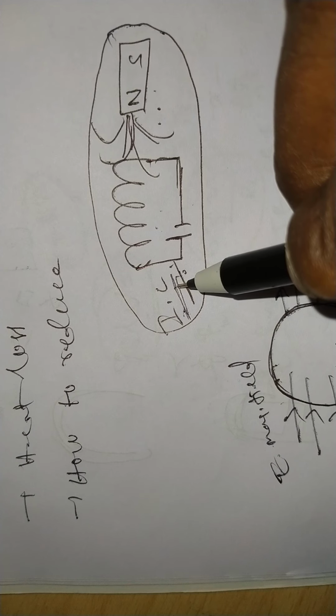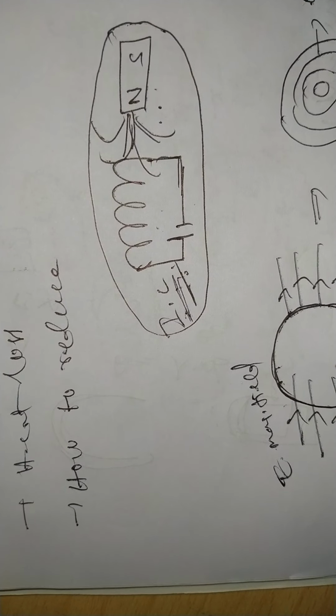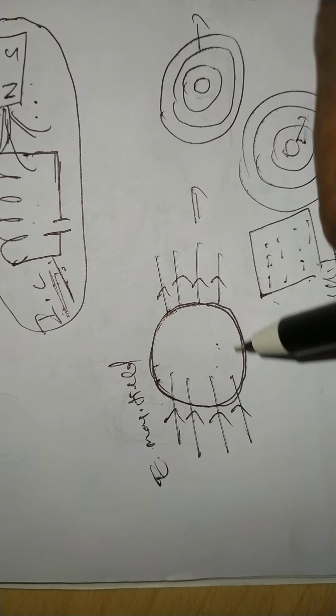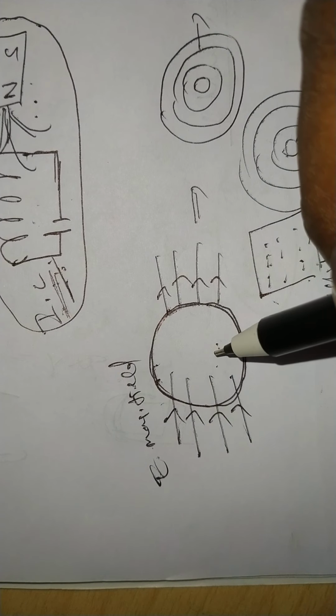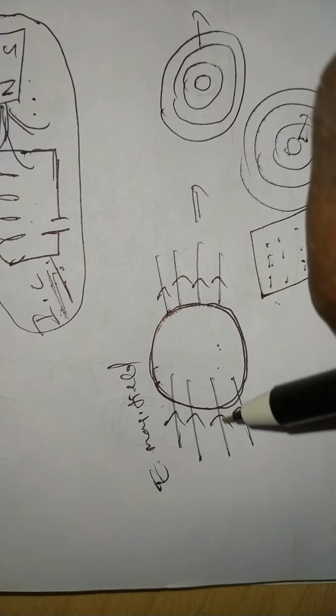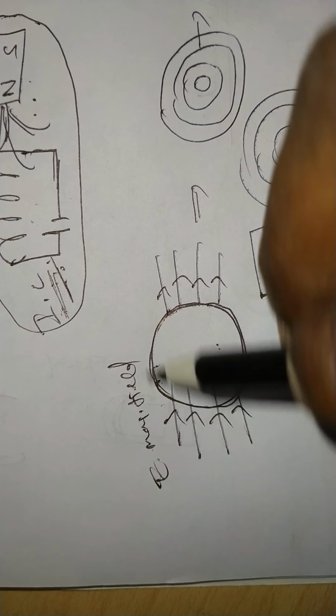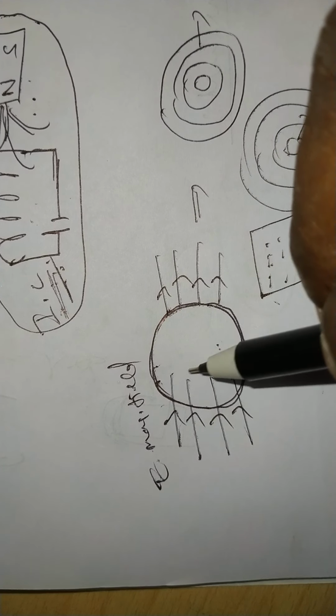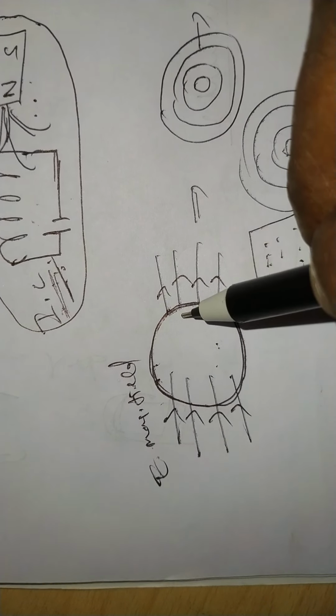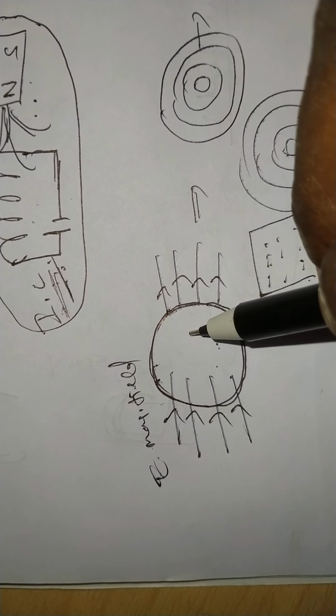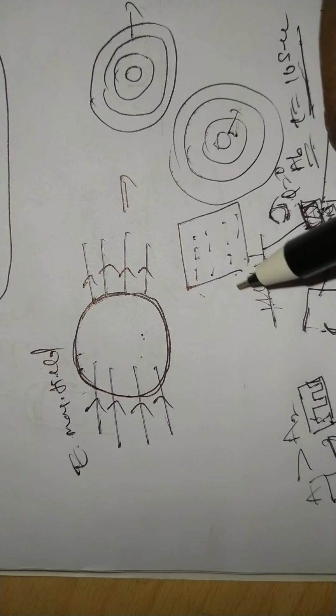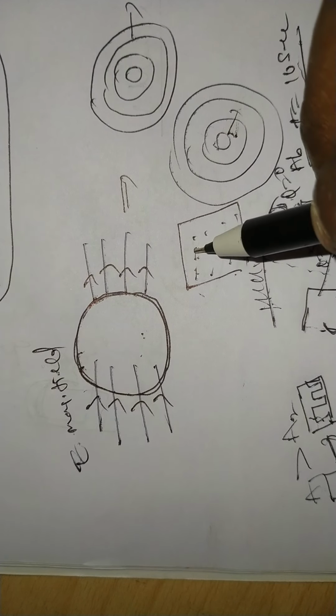Okay, eddy current is one kind of current. It is a circulating current. Suppose we take one copper plate. The copper plate is kept in an external magnetic field. The copper plate has a number of electrons.